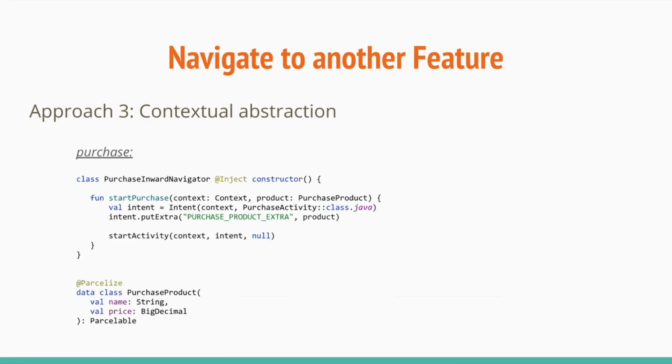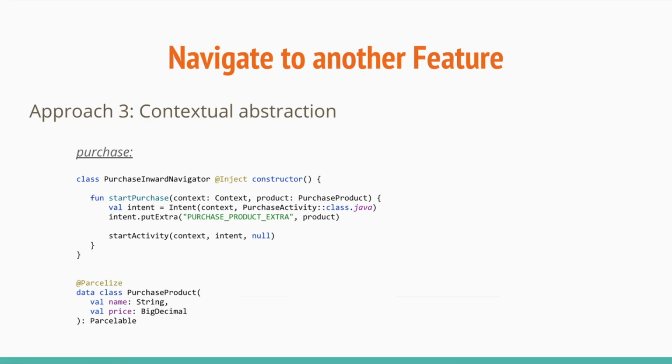Now, how would it look from the purchase module perspective? In the purchase module, as we say that purchase is nothing but a service provider, we can have one abstraction, which is purchase inward navigator. And there it supports start purchase as a function, which now takes purchase product. So what it is saying is, I'm providing you the service that any feature module can start the purchase flow if you provide me the context as well as the purchase product.